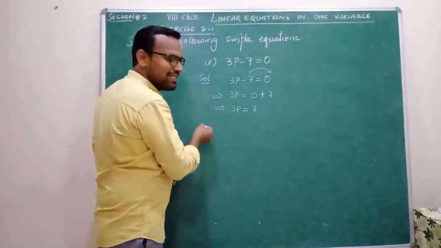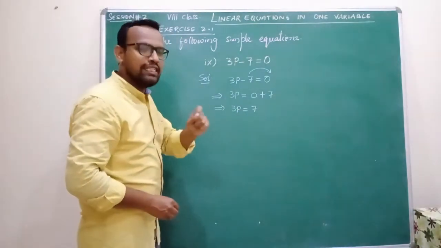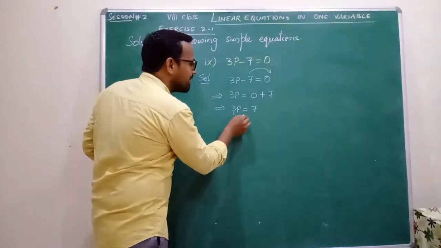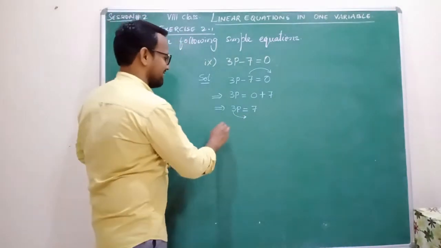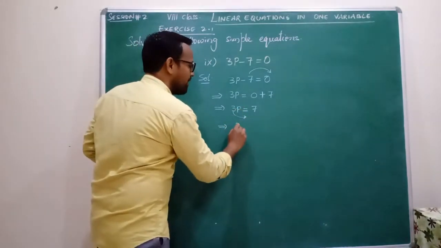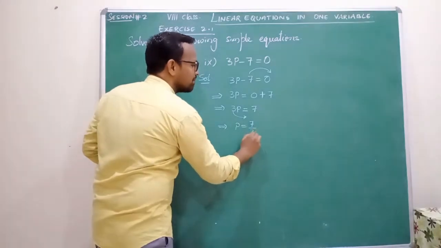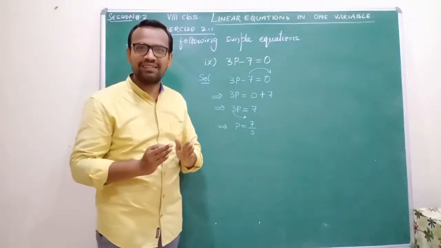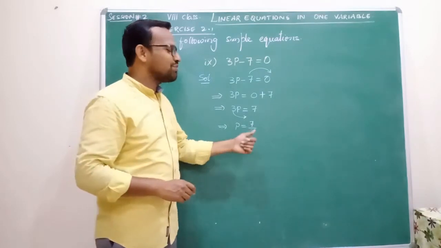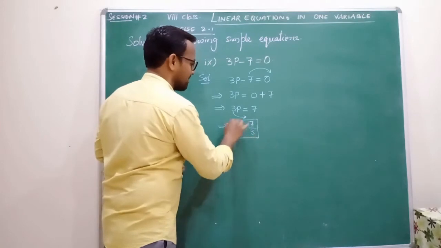Now the constant is 3, and what is the relation between 3 and p? Multiplication. So now multiplication by 3, when it is transposed, becomes division by 3. Very good. So p is equal to 7 divided by 3. Now 7 by 3. Can you simplify this further? No, because these two are coprimes. Now p is equal to 7 by 3 we got.